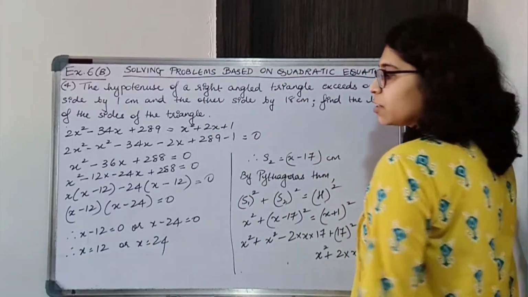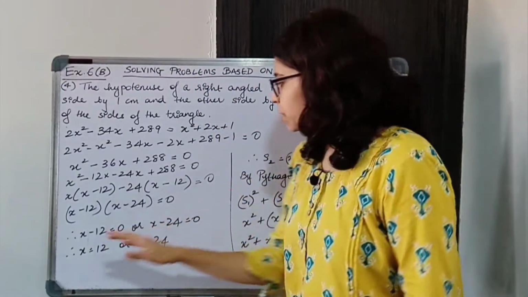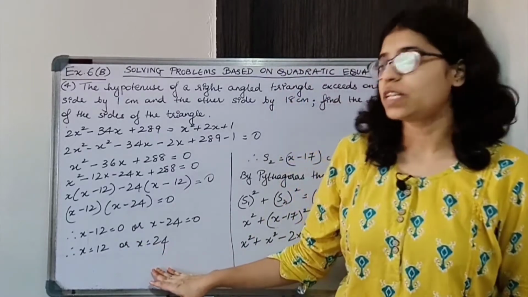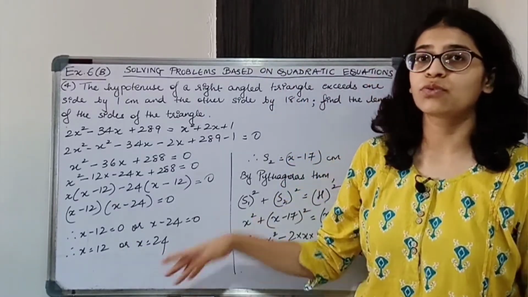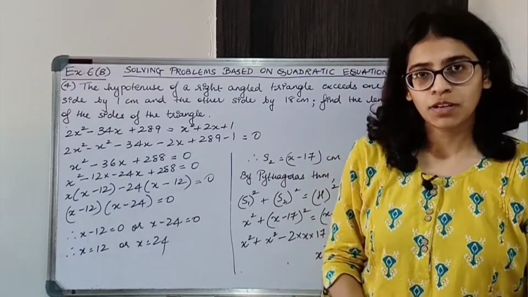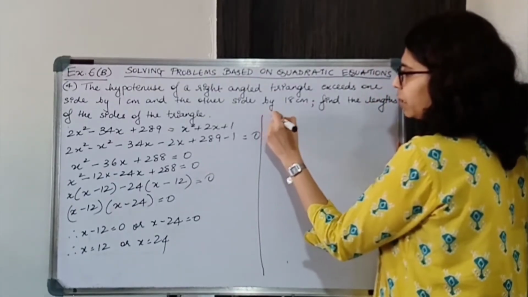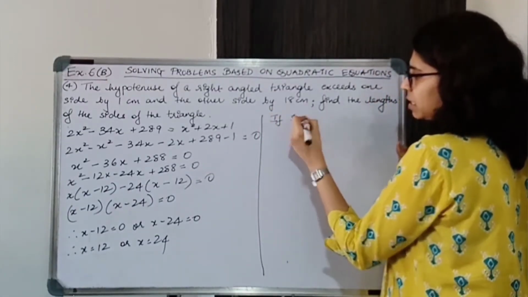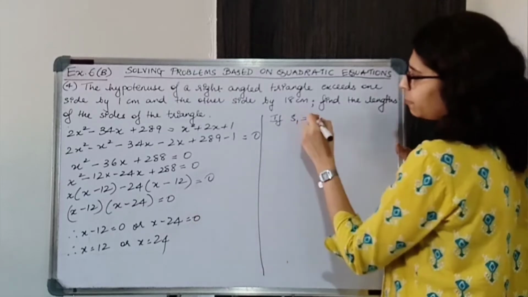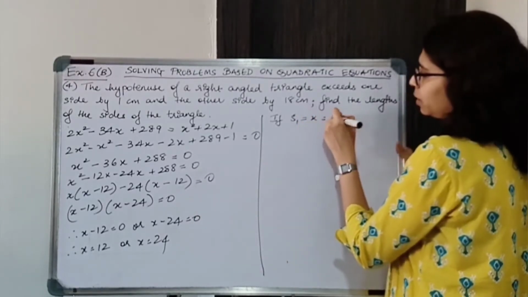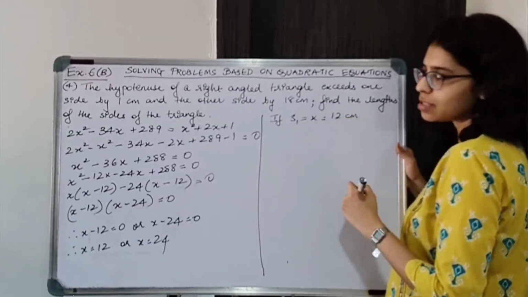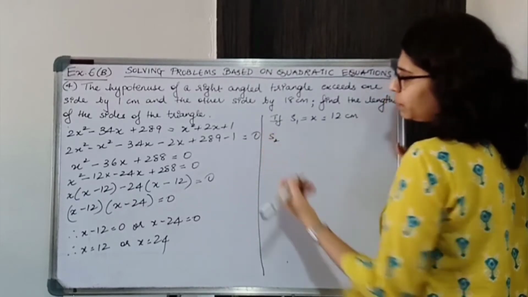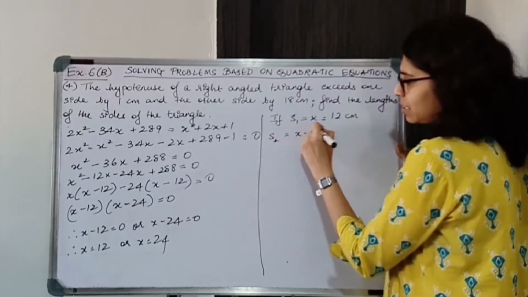Okay. So there are two possibilities, x can be 12 or x can be 24. Both are positive. So we have to consider both the values. Okay. So if side 1 is equal to x, right? So if side 1 is equal to 12 centimeters, so side 2 will be how much? It is x minus 17.